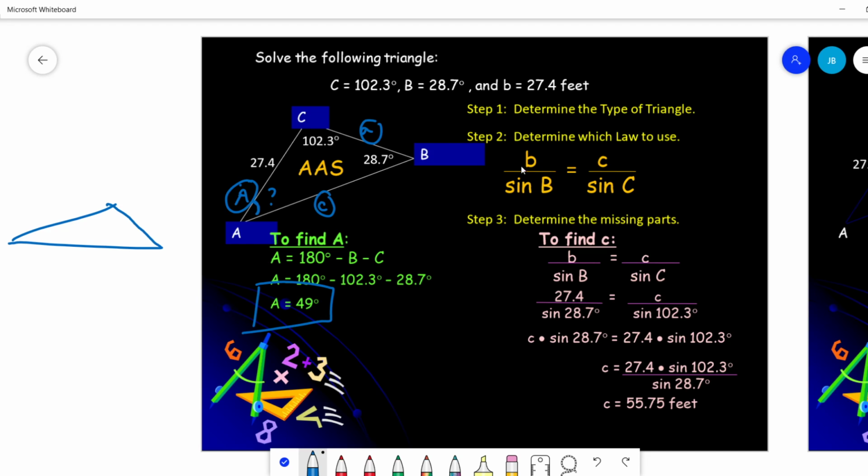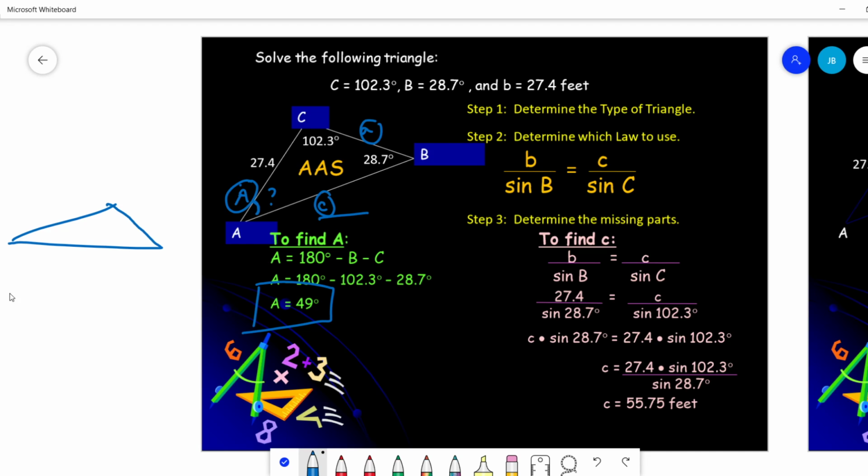Next, we are going to use the sine law to find a side here. To find side C, we can use either side B or side C. But since we are finding side C, we use the side here, which is 27.4.